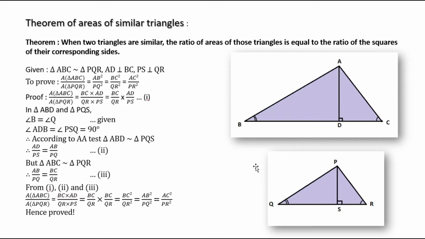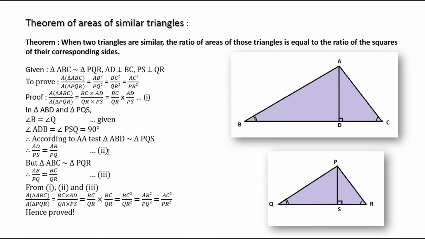AD, PS, AB, PQ are again corresponding sides, and we can take their ratios. So these are the ratios of corresponding sides of similar triangles. So this ratio is also the same. This is one of the theorems we have already discussed.